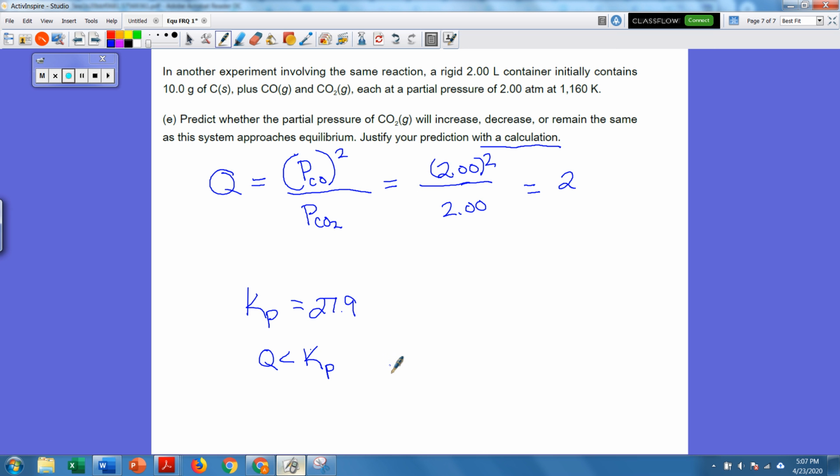That means, as most of you correctly wrote on your reading assignment, that we will end up with the mixture shifting towards the reactants, or shifting to the left.